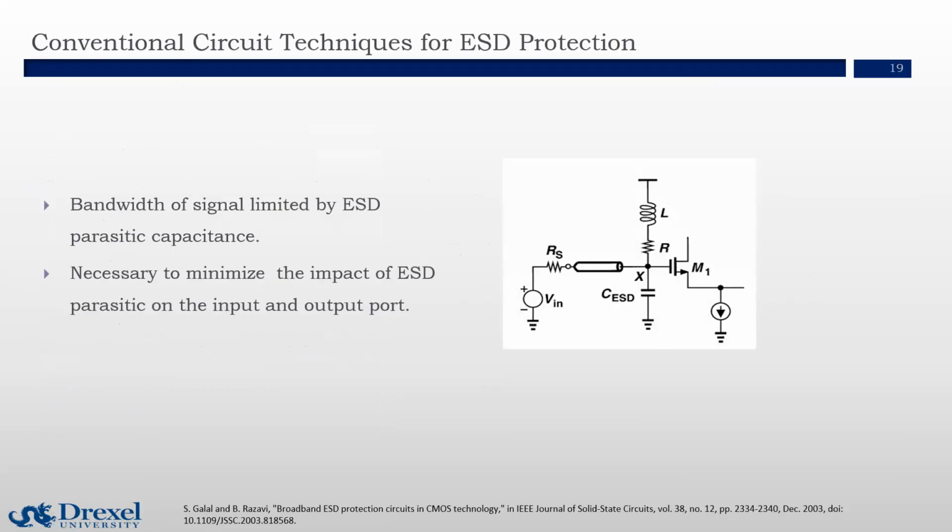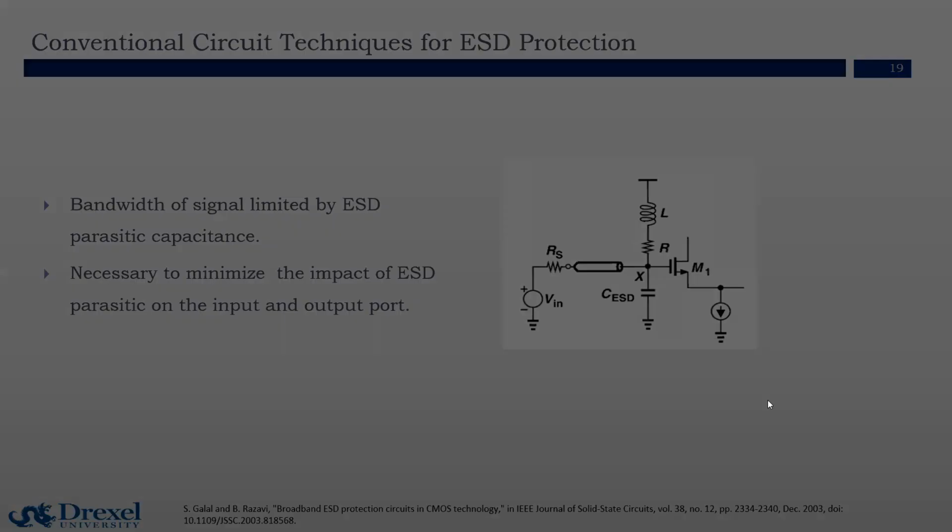And we have an input voltage source Vin, a series resistance Rs, and a common source input M1. So the bandwidth of the signal is limited by the ESD parasitic capacitance. So it's necessary to minimize the impact of ESD parasitic on the input and output port.